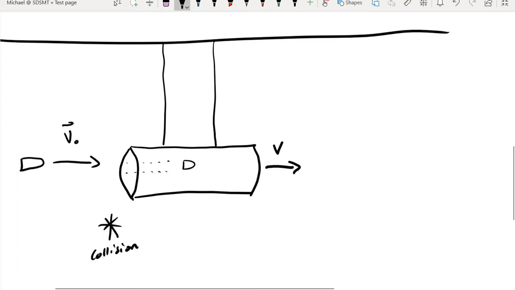But because the log is anchored to the ceiling, the path that it takes is actually going to be one of a slight arc until we reach some maximum height.